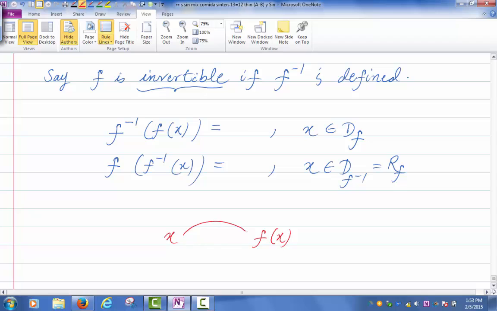So x is assigned to f of x by what function? The function f takes x to the value f of x, right? So in the first case, in the first composition, now you're applying f inverse, right? So f inverse, it's going to come back to x, right? So now if I apply f inverse, I just go back to x, right?